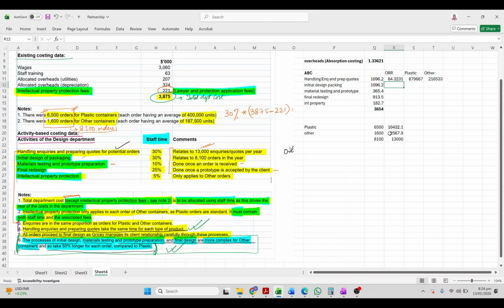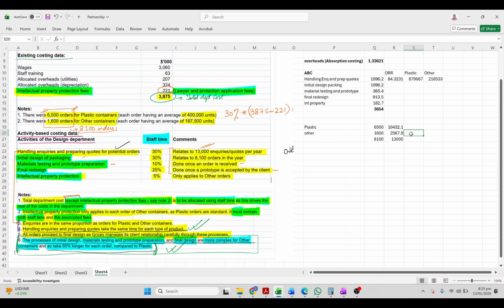And then initial design packaging. In initial design packaging, they are saying that the process for initial design, material testing, and prototype preparation and final design, because we have already made an initial design and then a final redesign, are more complex, so it will take 50% more time for the others, right?